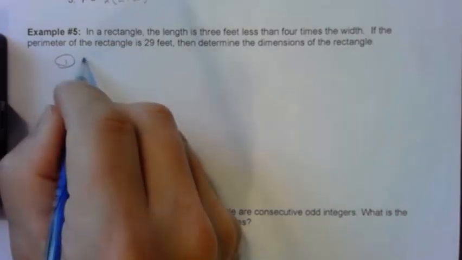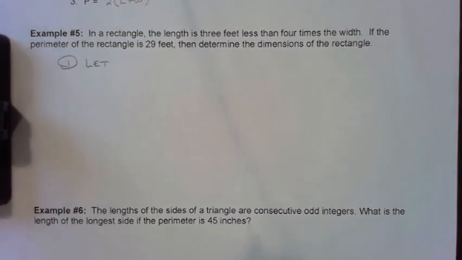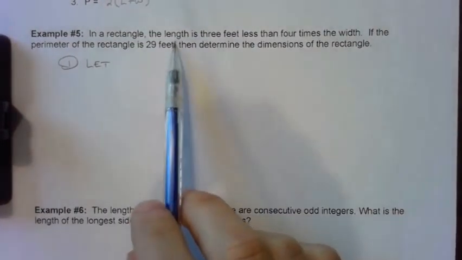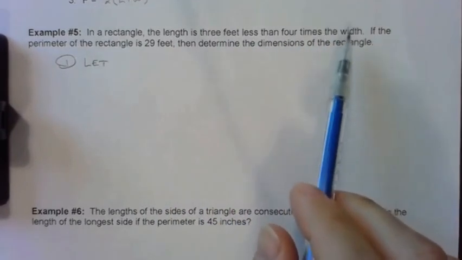Let's see if we can figure out which dimension we don't know anything about. They tell us that the length is 3 feet less than 4 times the width, but I don't know anything about the width. So I'm going to say let W equal the width of the rectangle.